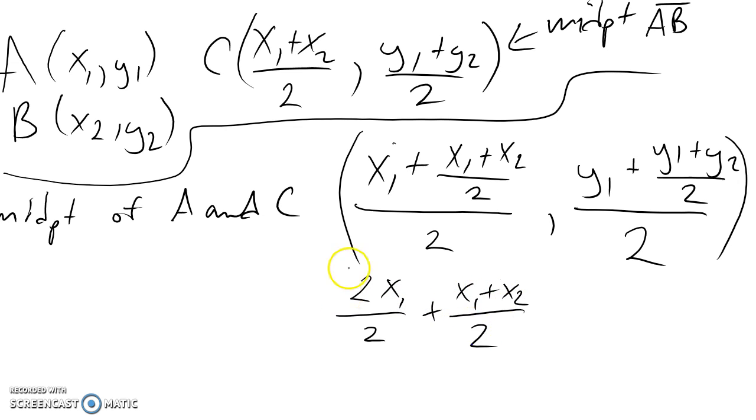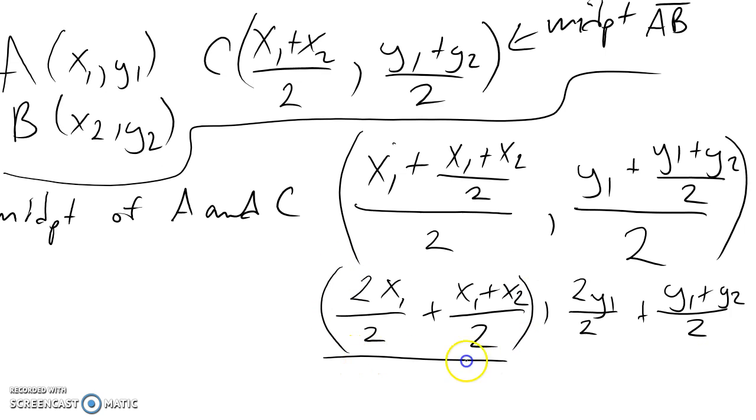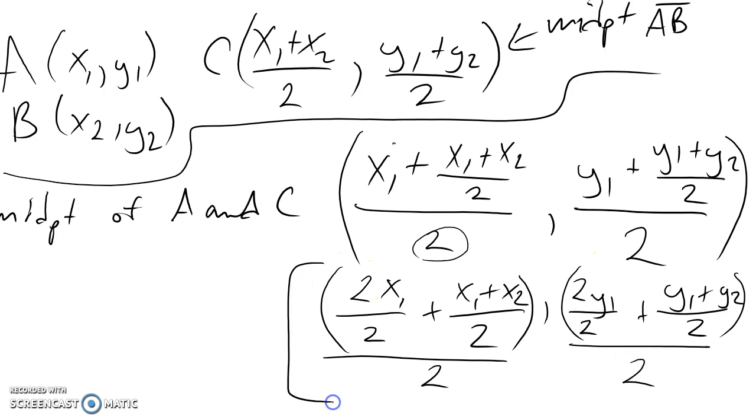For the other coordinate, I'm going to do the same thing, so this also becomes 2y1 over 2 plus (y1 plus y2) over 2. The thing I forgot is that this whole numerator is still divided by 2, so don't forget that. Same deal with this one. I'm going to put parentheses here just to make sure that it's clear what we're talking about.